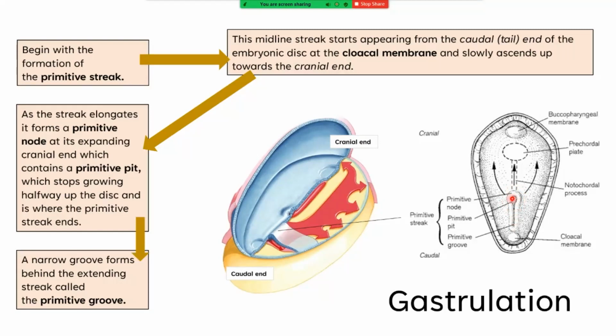And this primitive streak grows up until this point only, halfway of the disc. At the same time, a narrow groove forms behind the extending streak, called the primitive groove. Make sure you know how to describe this gastrulation process and the components involved: primitive streak, primitive node, and primitive pit.